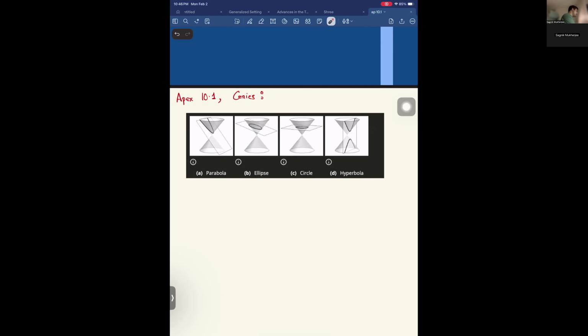If I cut it in this manner, I will get this object, a typical parabola. If I cut a little above like this, I will get an ellipse. If I cut horizontally, I'll get a circle, and if I cut entirely vertically, then I'll get hyperbolas.